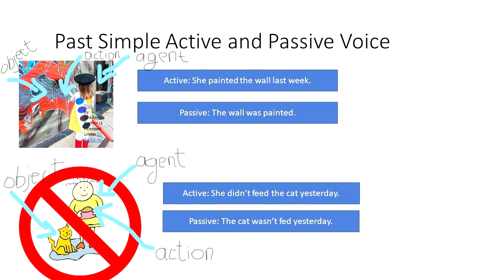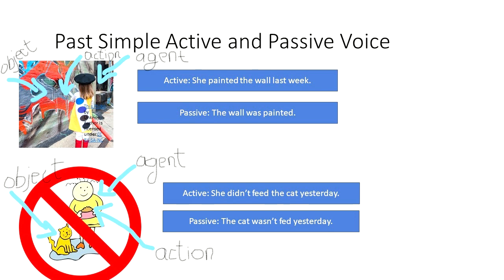The past simple active voice would be she painted a wall last week, and therefore she, as the subject or the agent of this sentence or this action actually, is in our interest. However, the passive voice sentence would be the wall was painted, and our main interest here is put on the wall that was painted last week.